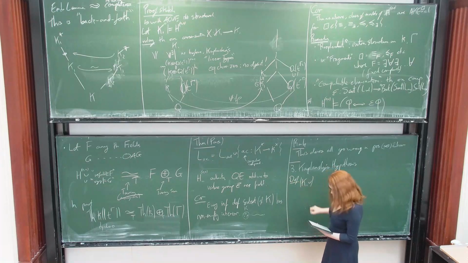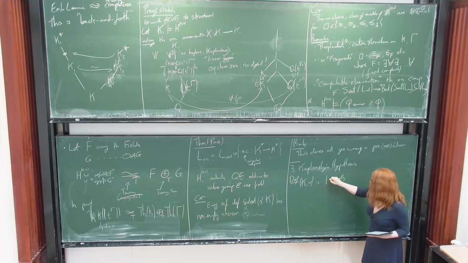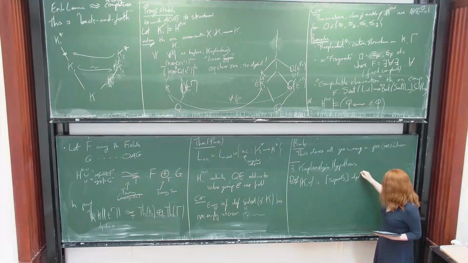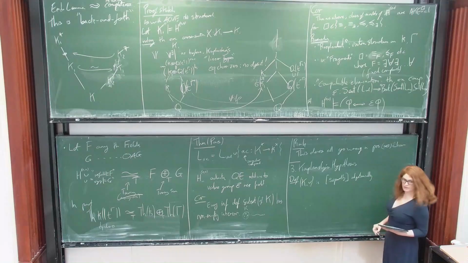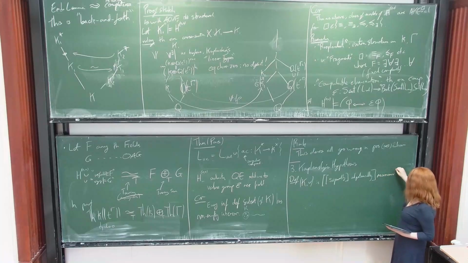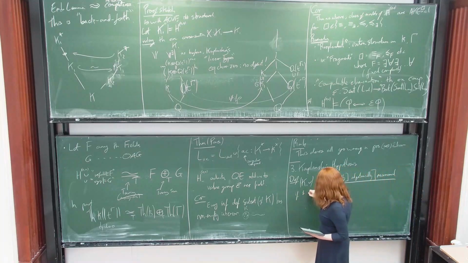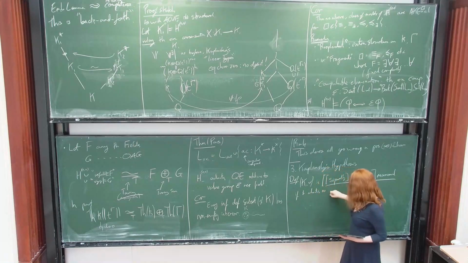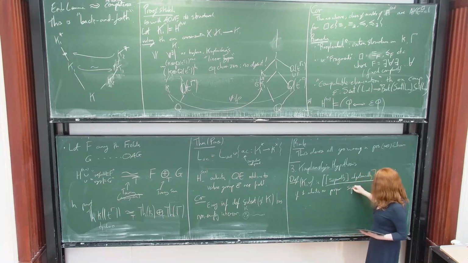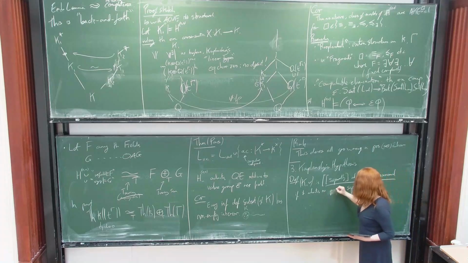A valued field KV is algebraically maximal if it admits no proper immediate separable algebraic extensions.